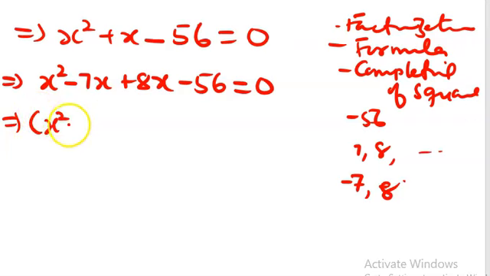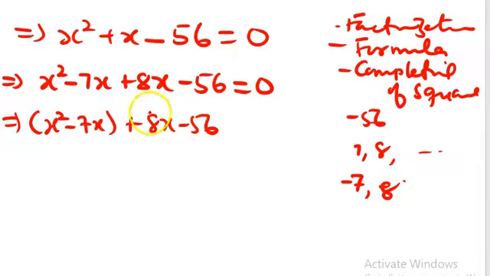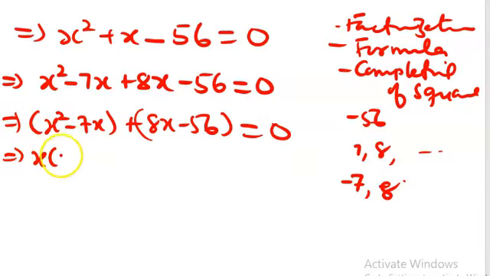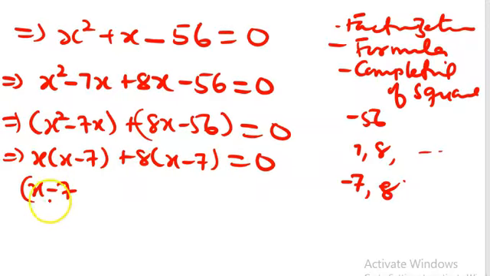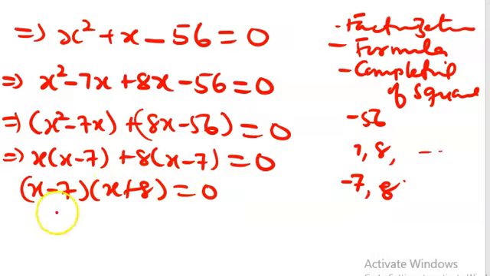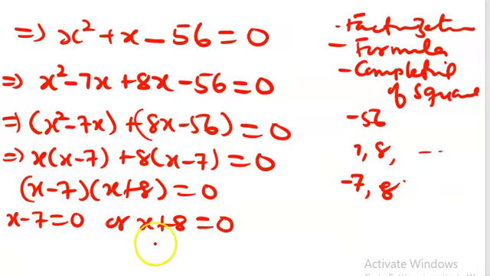The common factor here will be x(x - 7) plus 8(x - 7), which is equal to 0. So we have (x - 7)(x + 8) equals 0. This implies that x - 7 = 0 or x + 8 = 0.